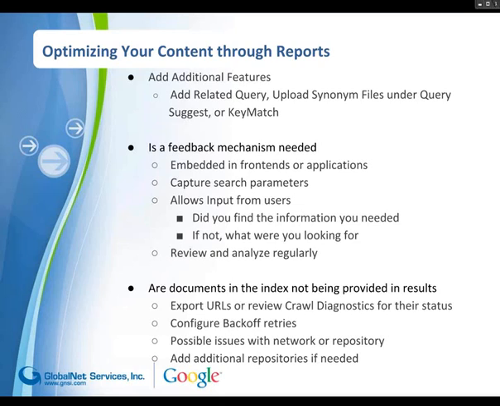Maybe we could add a feedback mechanism that will be either embedded in our front end or our application that allows users to provide information back to us. We can use this information to find out what exactly users were entering and searching for, help us with improving search results, and enhancing the findability of our information.